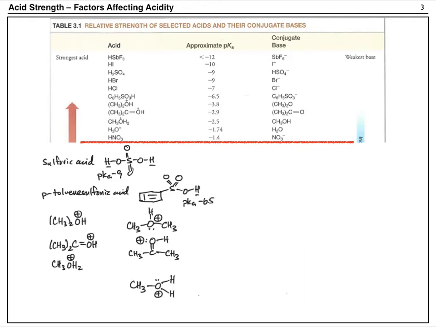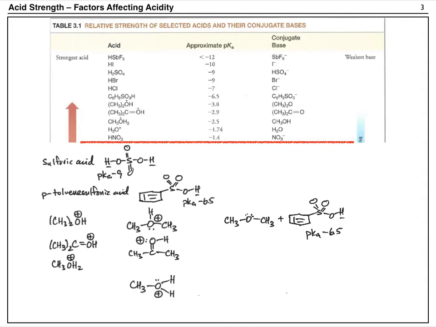So if we're starting with dimethyl ether, and we're treating that with paratoluene sulfonic acid, here's our acidic proton. That's at a pKa, again, of -6.5.